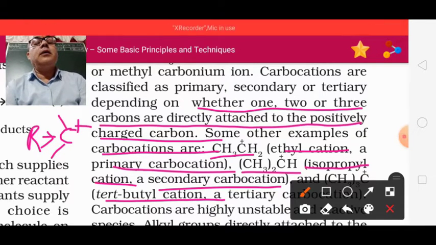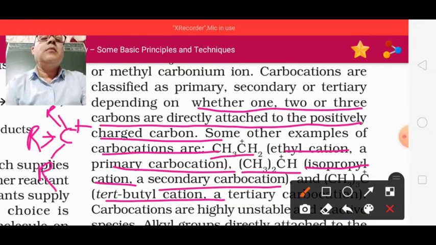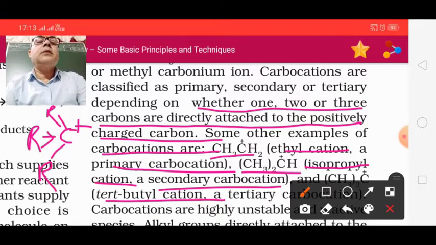As the number of electrons donated toward the carbon increases, their requirement becomes less and less and they become more stable. With one more alkyl group, it will be more stable; with one more alkyl group again, it will be more stable still. Thus a primary carbocation is less stable than a secondary carbocation, which is less stable than a tertiary carbocation.